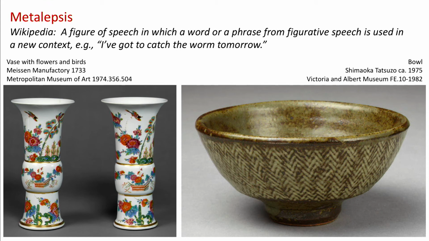So it's again an indirect usage or a new usage of something that was already symbolic and imagistic. Or on the right-hand side, if you look at this bowl by Shimaoka Tatsuzo, dated to about 1975, this is a very characteristic and well-known decorative technique that Tatsuzo used, where a rope is rolled across the surface to create an indented pattern, and then there's a slip inlay, which gives you this white patterning of that rope texture.